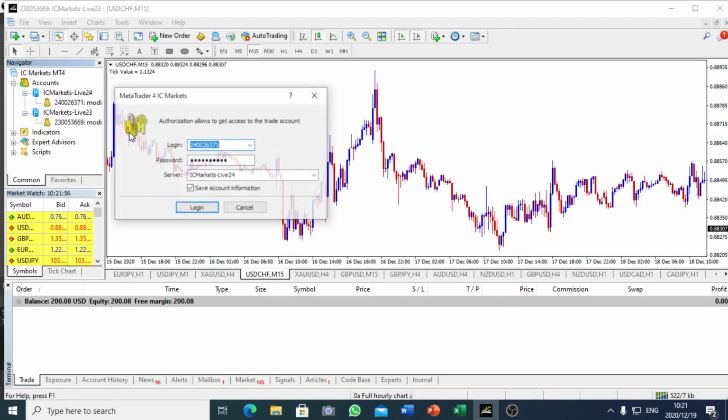Log in to trading account. Here's another account, or if you have details, you can just easily punch them in. Then you have to insert the password.